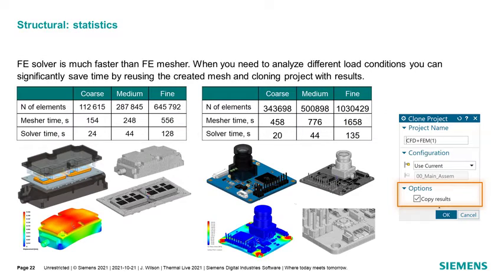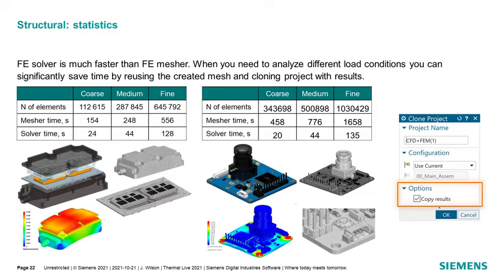Next, I thought it might be useful to look at some statistics on the finite element solution offered by SimCenter FloEFD. We have a couple examples here, and it illustrates that the finite element solver is much faster than the mesher. So the solver supports a direct solve method or iterative, but with the direct solve, the solving ends up being quicker than the meshing time.